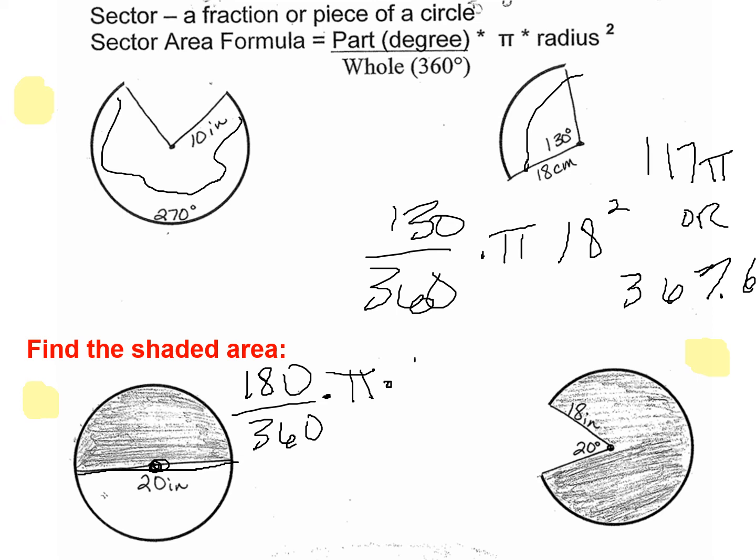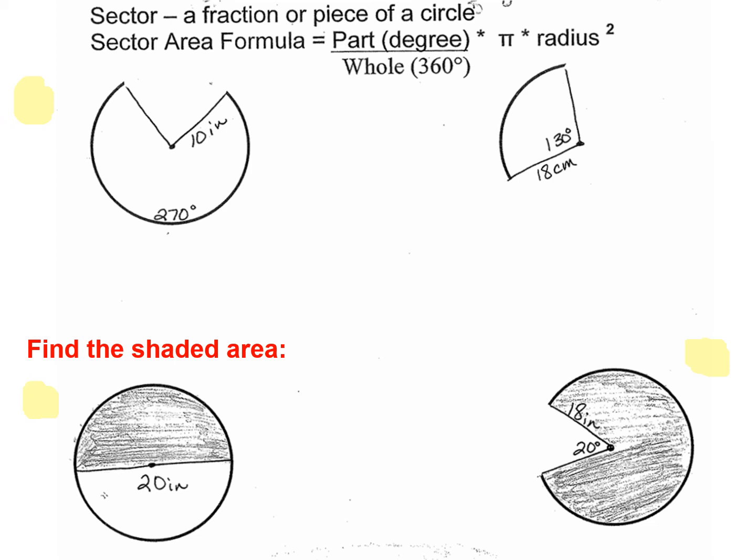Not 20. 10 squared. So you end up with, what are my notes? 50 pi for exact, or 157.1 here.